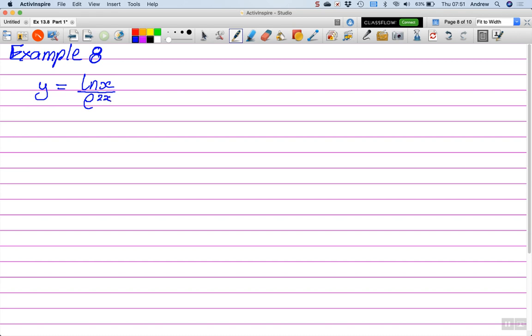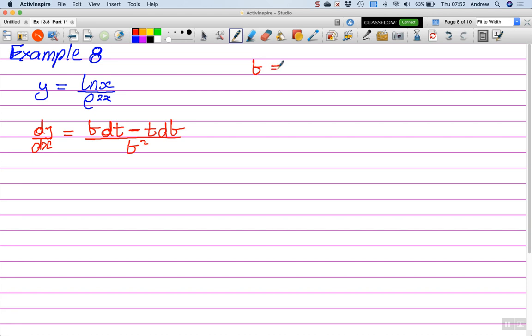And what you should spot straight away is it is actually the quotient rule. So therefore you should be quoting the quotient rule formula. dy dx is equal to the bottom times the differential of the top minus the top times the differential of the bottom, all over the bottom squared.